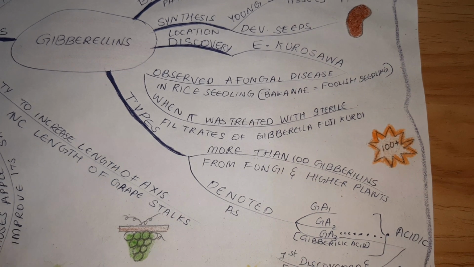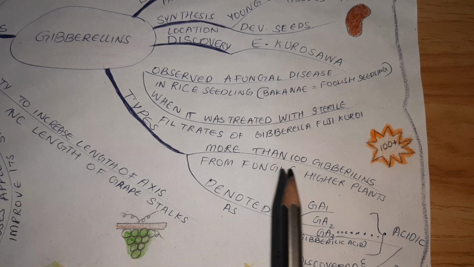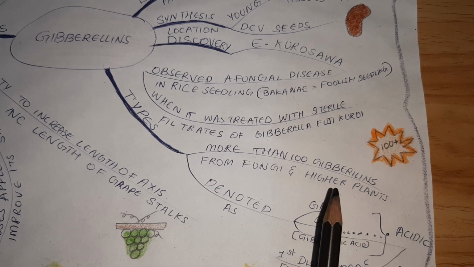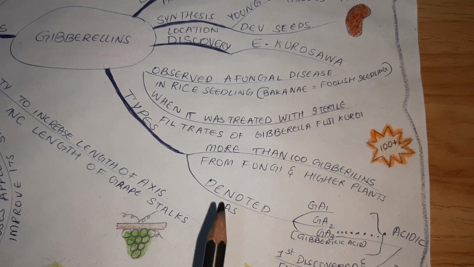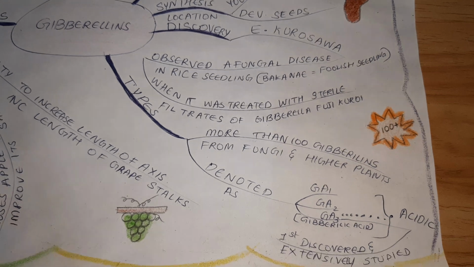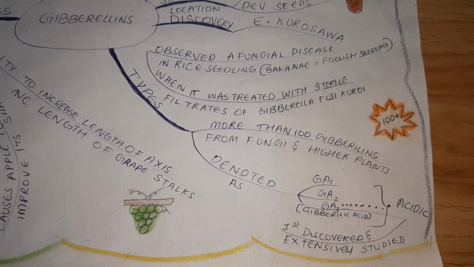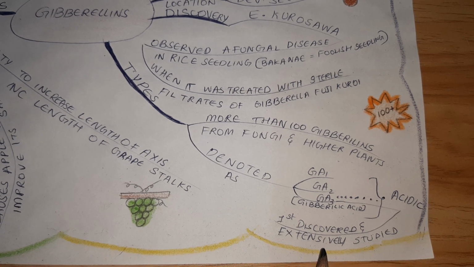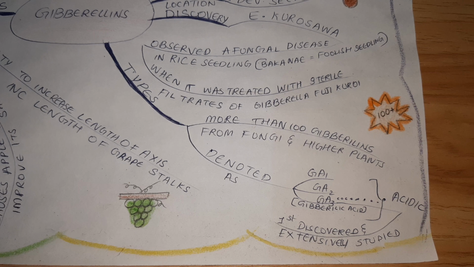Talking about the types of gibberellins. More than 100 gibberellins from fungi and higher plants have been discovered. They can be denoted as GA1, GA2, GA3. GA3 is the gibberellic acid, and this was the first one to be discovered, and this is the one which has been extensively studied, and all of them are acidic.